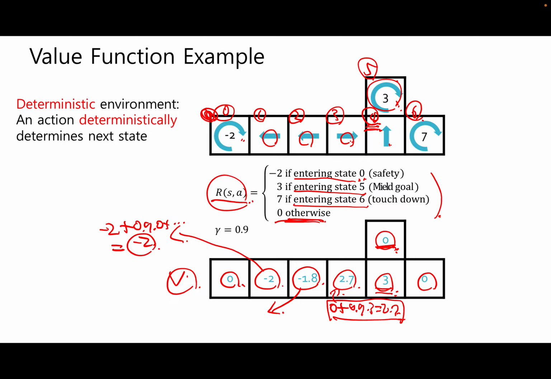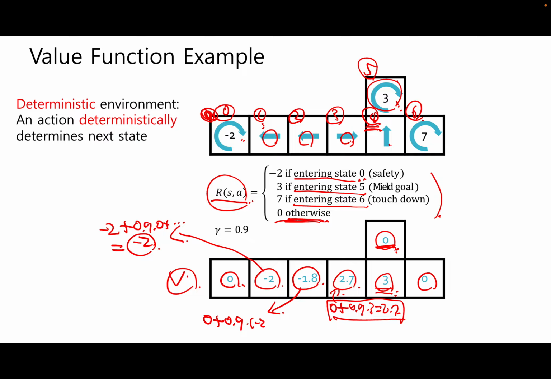This one, the predefined action is entering state 1, which belongs to the 0 reward case, right? So we start with 0, and then the next one is discounted, and the predefined action from state 1 is entering state 0, which is -2.